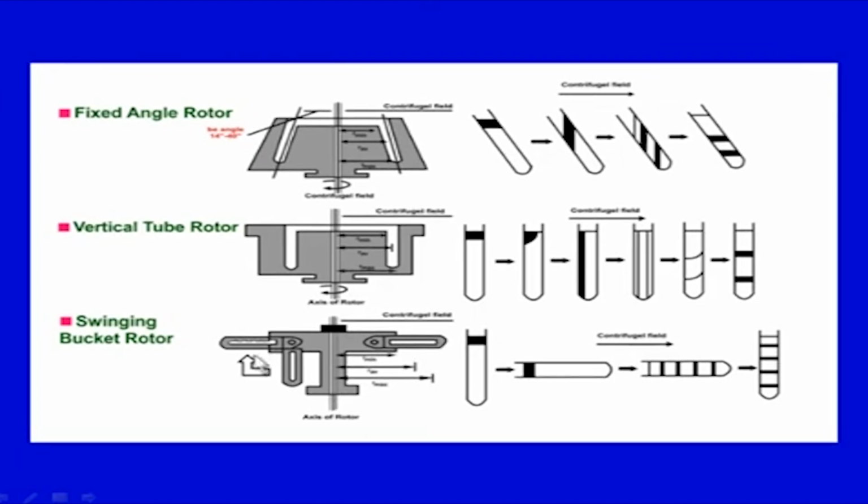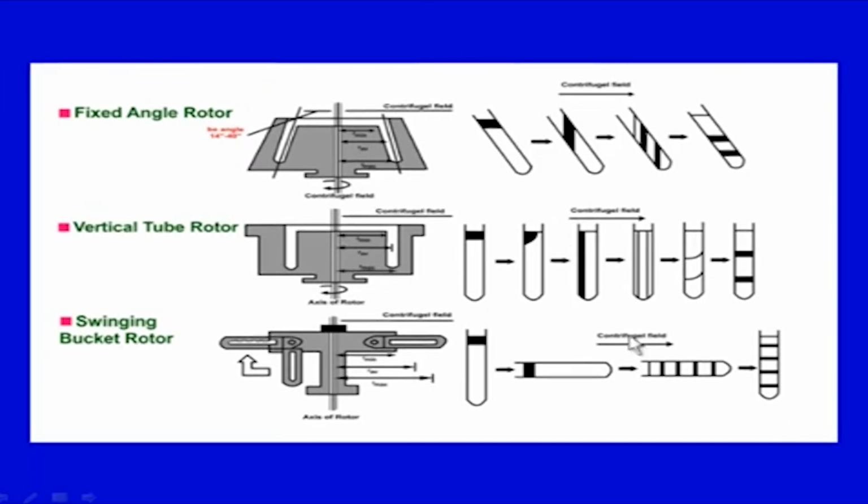So the tubes extend outwards, and if you see the resting position and then when it is extended outward, this layer will be distributed here, separation will take place, and when the centrifuge is slowed down and comes to rest, this position will be achieved.